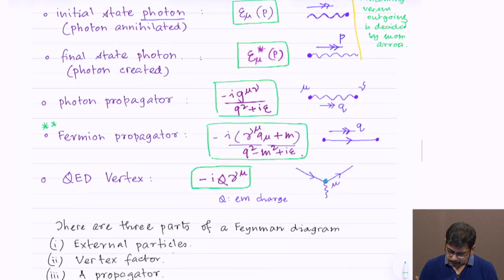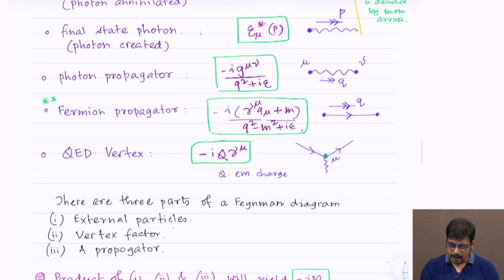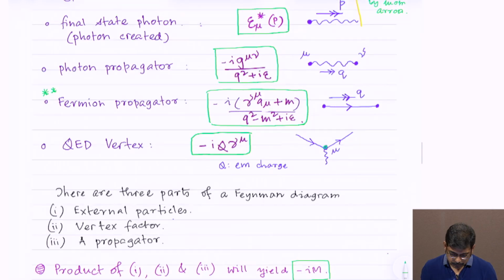The final state particle is a particle which is created, the final state antiparticle is an antiparticle created. Similarly for initial state photons and final state photons, the propagators of photons and fermions, and of course the vertex factor. This is the convention which gives you the correct amplitude from the S matrix.